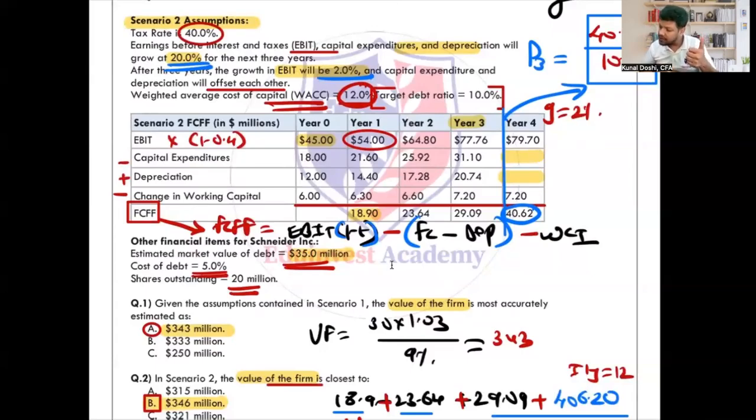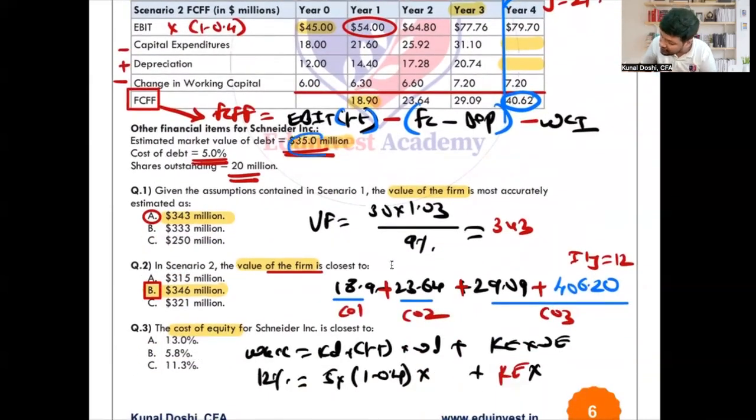See, you have EBIT, depreciation, capex, WACC, and target debt ratio. What does target debt ratio mean? That out of the entire capital, your debt is 10%. So if your debt is 10%, which is 35 million, how much is the total capital? Debt is over total capital.